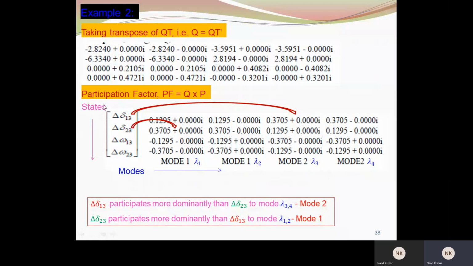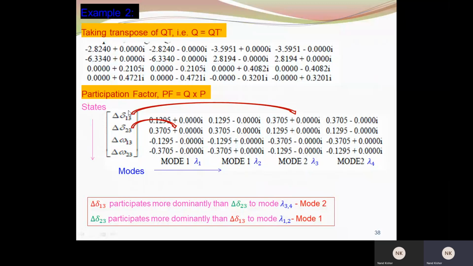And what you find here is that for this state variable, if we refer to the values for lambda 3, it is more because the imaginary terms are 0, and thus the amplitude of the real part is larger.